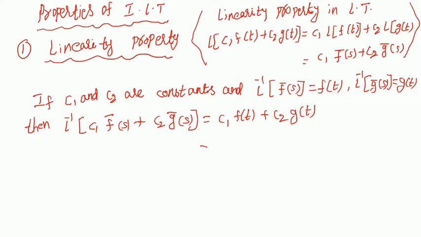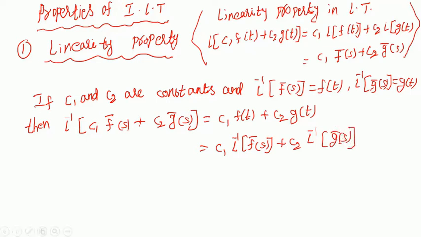So this can also be written as C1 into, what is f of t here? f of t is nothing but L inverse of f bar of s, plus C2 into L inverse of g bar of s, since g of t means L inverse of g bar of s.